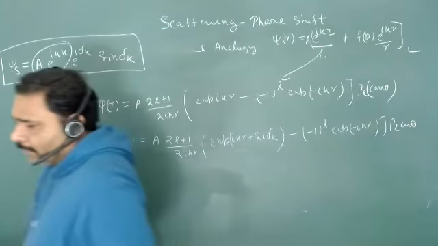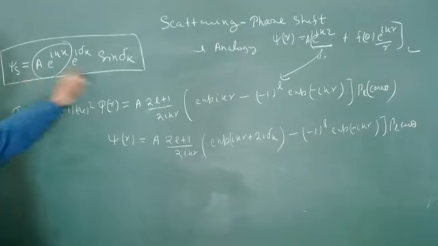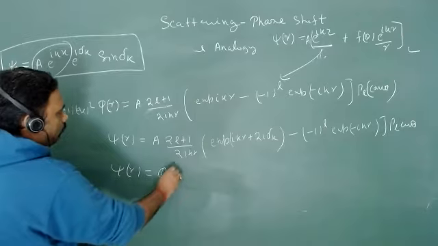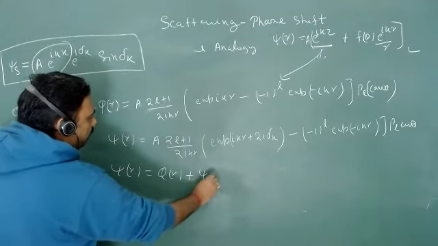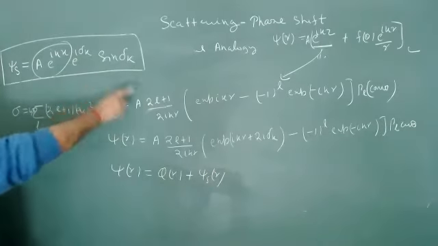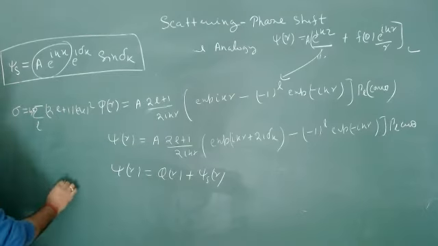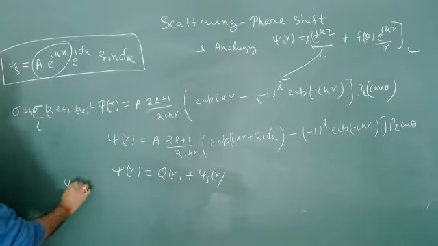Now, from the one-dimensional analogy, I can write, and you can also prove, that psi r is equal to phi r plus psi s r. So from here, we have exactly the same thing as the one-dimensional case. So what will be my psi s r?